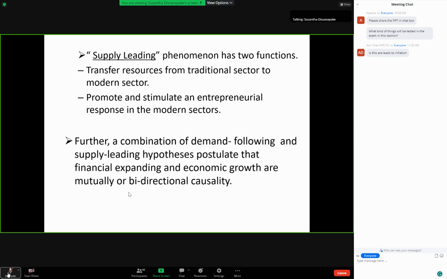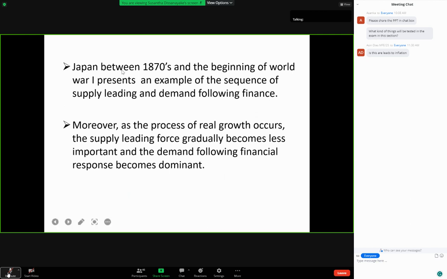So this sort of situation also they are saying exists within the economy. The next point: Japan between the 1870s and the beginning of World War I represents an example of this situation, supply leading and demand following finance. So the example of this bidirectional causality is Japan in the 1870s and the beginning of World War I.